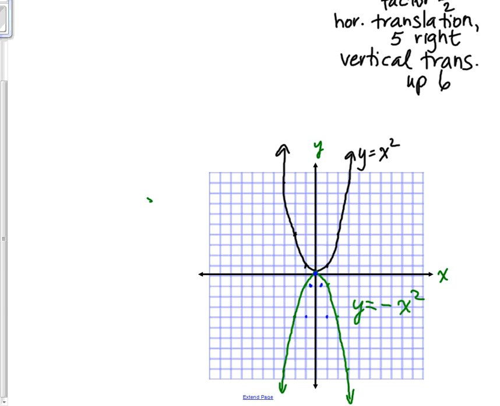Instead of over 3, down 9, it's going to be over 1.5, down 9. So our blue function is a horizontal compression, factor 1/2. And I would write that as y equals negative on the outside. Horizontal compression means it's inside the function. 1/2 means there was a 2 involved.